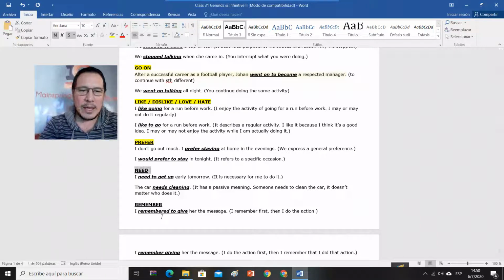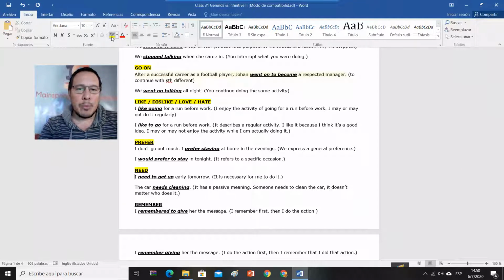Then we have need. There is quite a difference here. I need to get up early tomorrow, meaning it is necessary for me to do it. That is quite simple. There is no problem with that use of need. Now look at the second use of need.